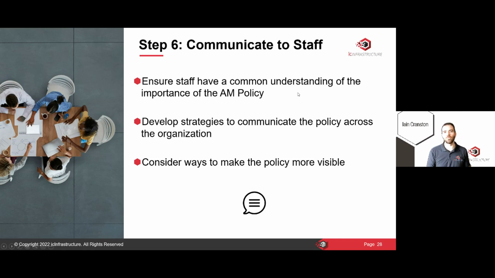But this point around communicating it to staff is something that's often not done, and that means the policy just remains a bit of paper that sits on the shelf. So make sure you're communicating it to staff regularly, understand the different ways that you can communicate to staff, and think about ways that you can make it a bit more visible. And again, a poster version is a really interesting way to do that.